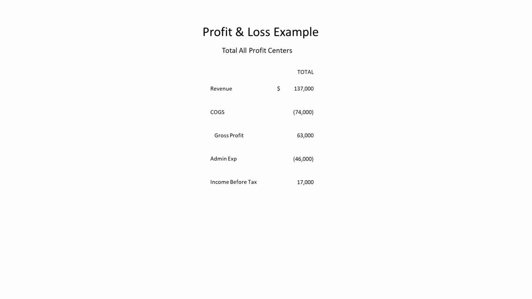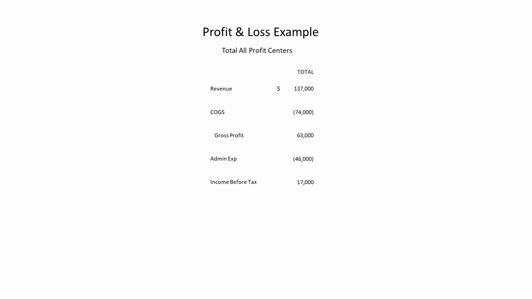So you look at this and it says, okay, you had sales or revenue of $137,000. Your cost of goods sold $74,000. So you had a gross profit of $63,000. You had admin expenses of $46,000. So overall, your net income before tax was $17,000.